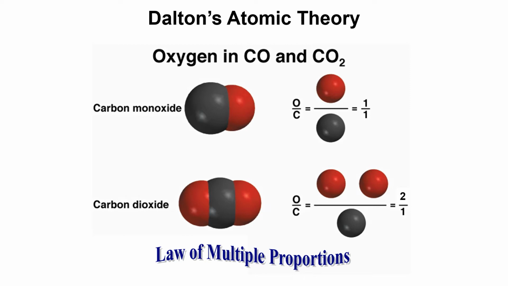So when two elements combine to form more than one compound, and the example used here is carbon monoxide versus carbon dioxide, the masses of one element which combine with a fixed mass of the other element are in a ratio of small whole numbers.